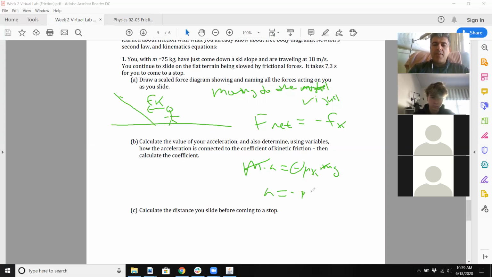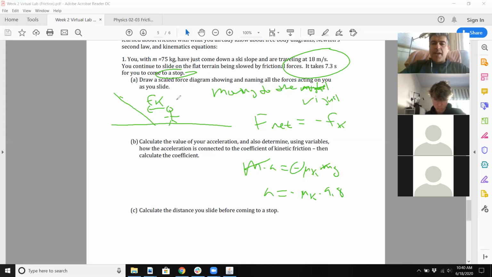So it's negative mu k times 9.8. But of course, you have to solve for acceleration from this information here and the rest. So really, just see what forces are acting on it and call it Fnet. That's what you're doing. And Fnet's always MA.